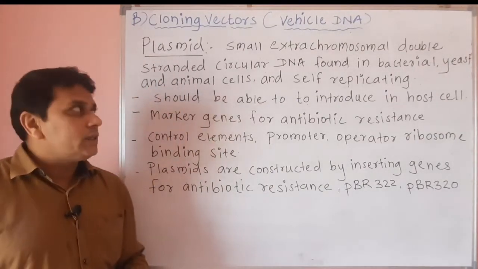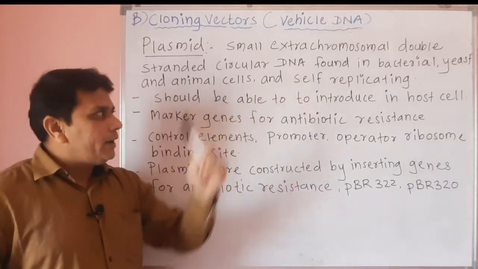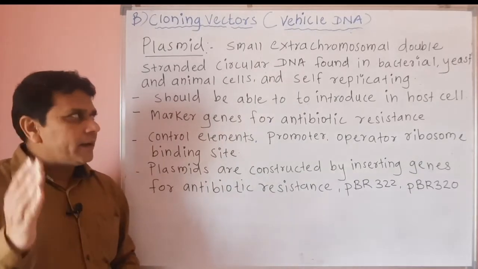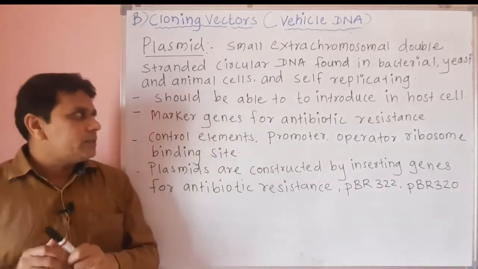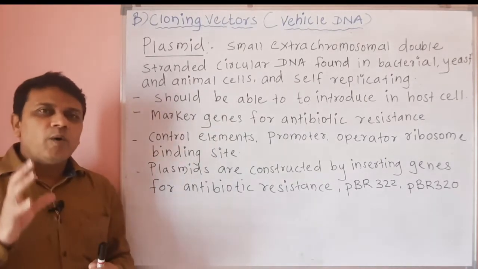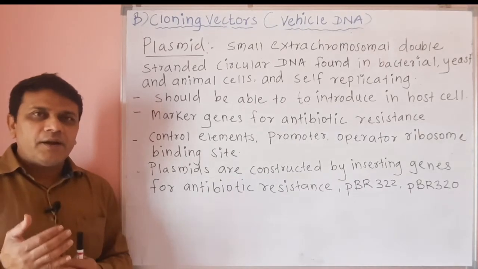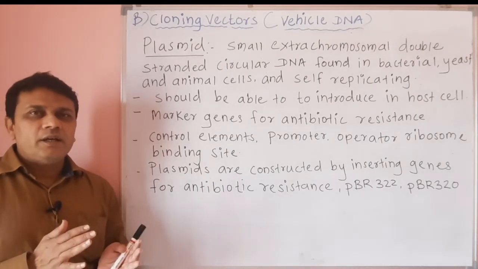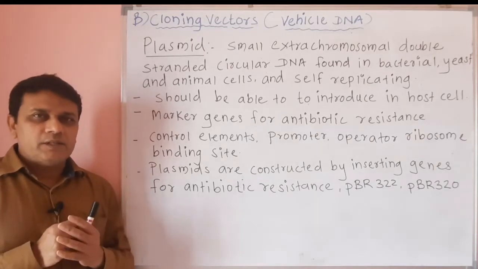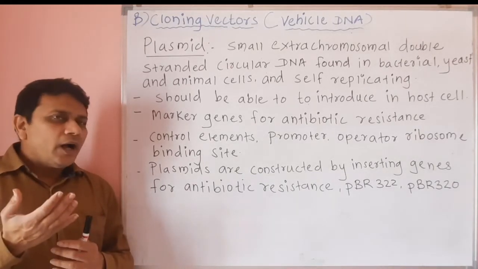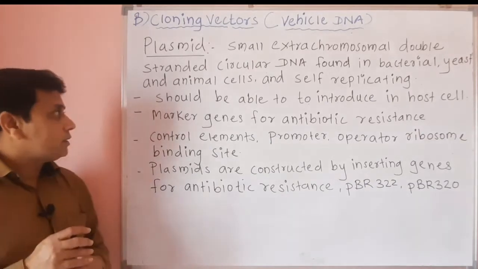Now plasmids are the extra chromosomal double stranded circular DNA found in bacterial cells, and they are also found in yeast and animal cells. So these are small circular extra chromosomal double stranded DNA present in bacteria, yeast as well as some animal cells, and they have the capacity to undergo replication.